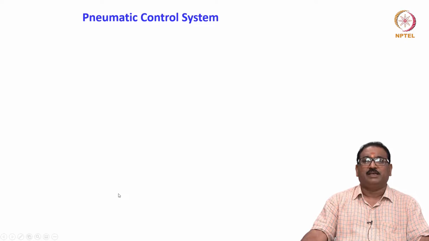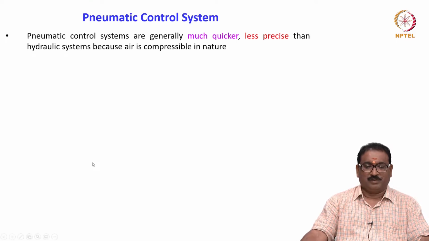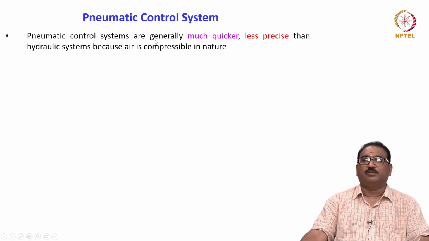As we discussed in the previous class, details on pneumatic control system, how it differs from the hydraulic systems. The pneumatic control systems are generally much quicker, less precise than the hydraulic system, because as we already know, air is compressible in nature.